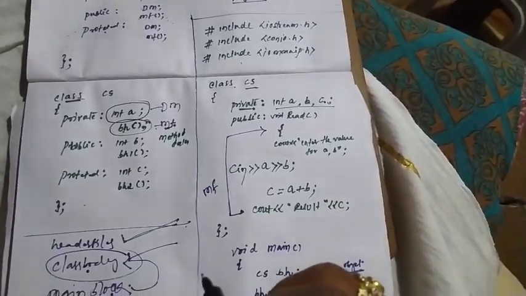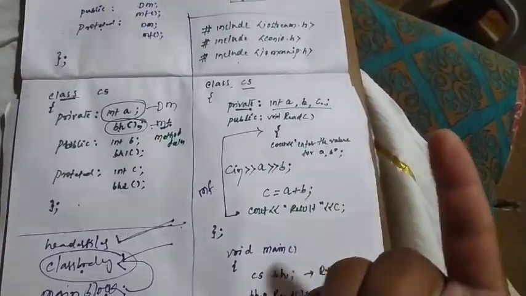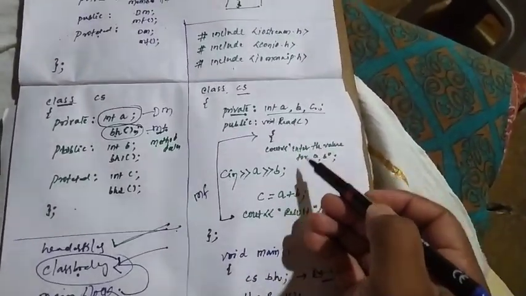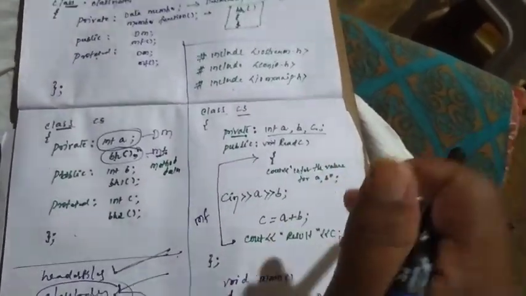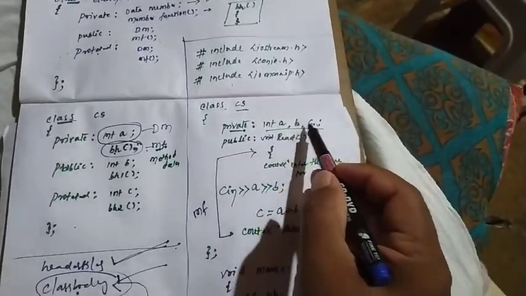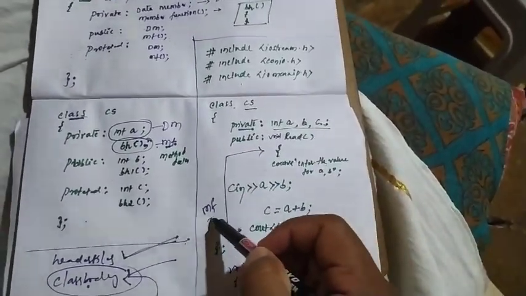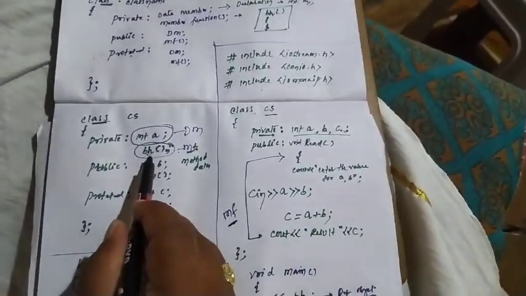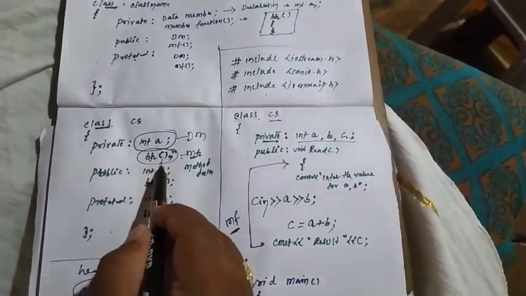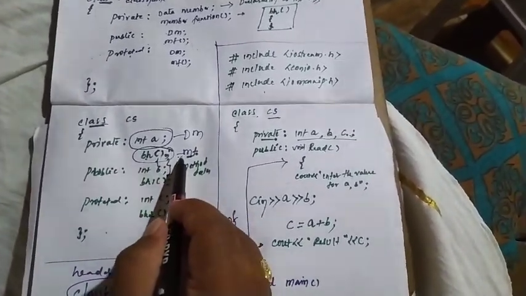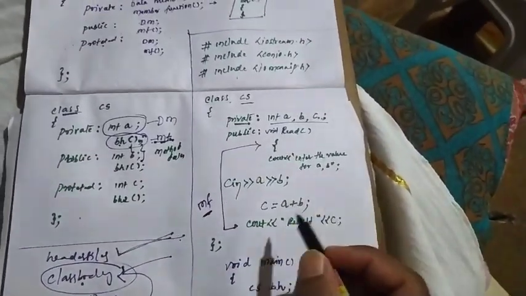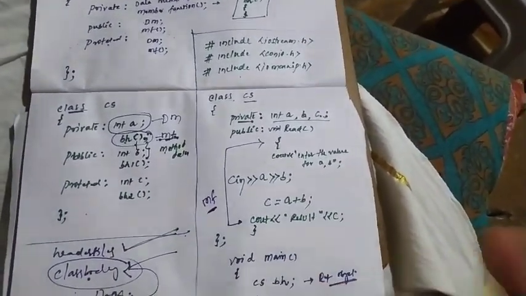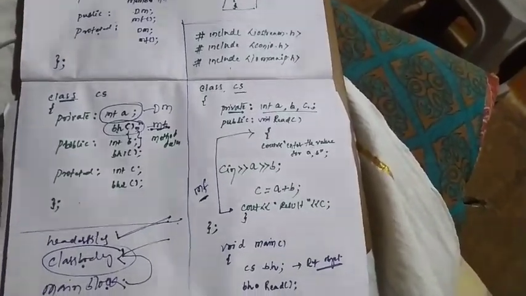A set of operations; a set of operations means a group of operations, right? 1, 2, 3, 4: there are four lines, a group of lines performed using what? The data members of the class only. That's why we call it a member function. Here I have not declared any such body, that's why we call it a method declaration. Here I have declared the open flower bracket and close flower bracket, that's why we call it a member function.